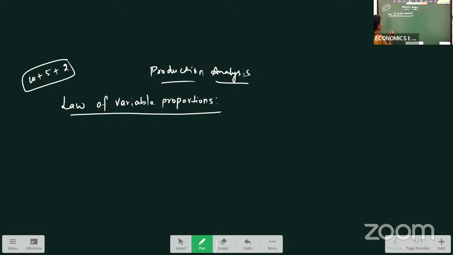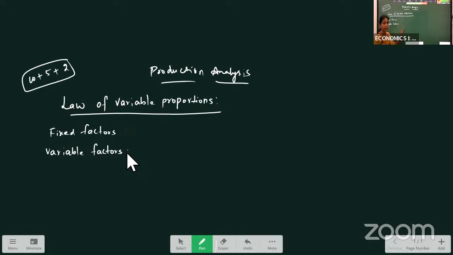So here, when we are explaining the law of variable proportions, first let us know there are two types of factors. Those are fixed factors and variable factors. So first you have to understand what fixed factors are.